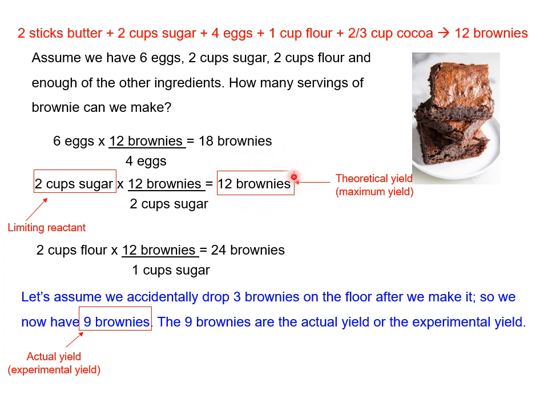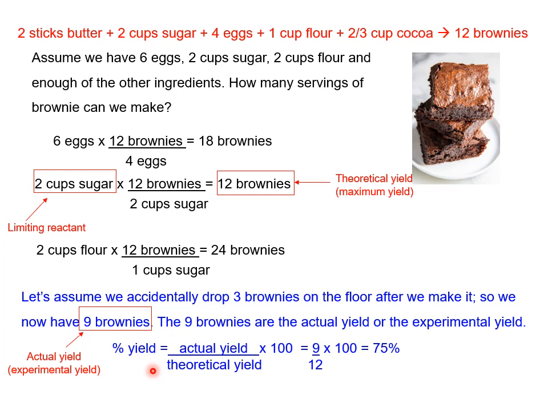We haven't cooked our brownies yet. We calculated here that we can make 12 brownies. But then when we went and actually cooked our brownies, we made 12, but we ended up dropping 3 on the floor. So we only ended up with 9 brownies. So our actual yield is 9 brownies, also called the experimental yield.